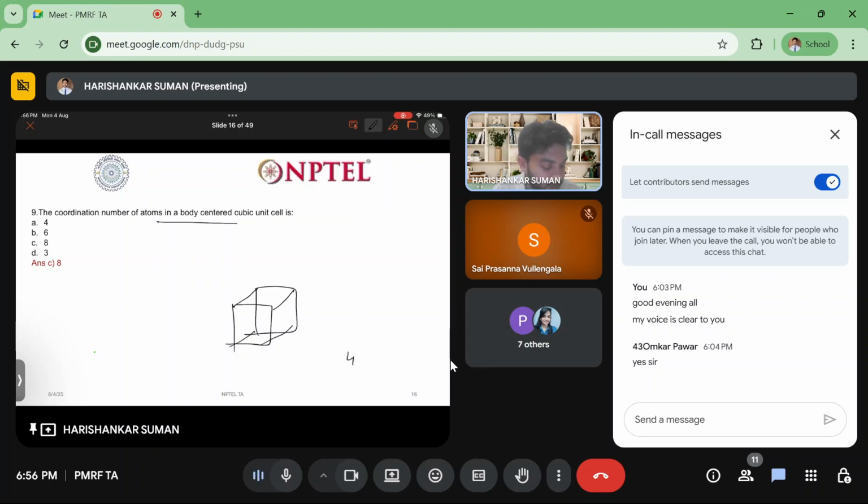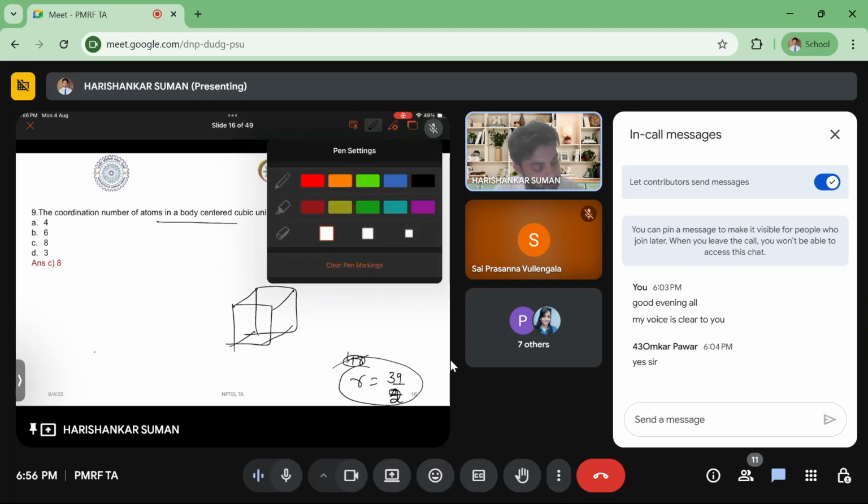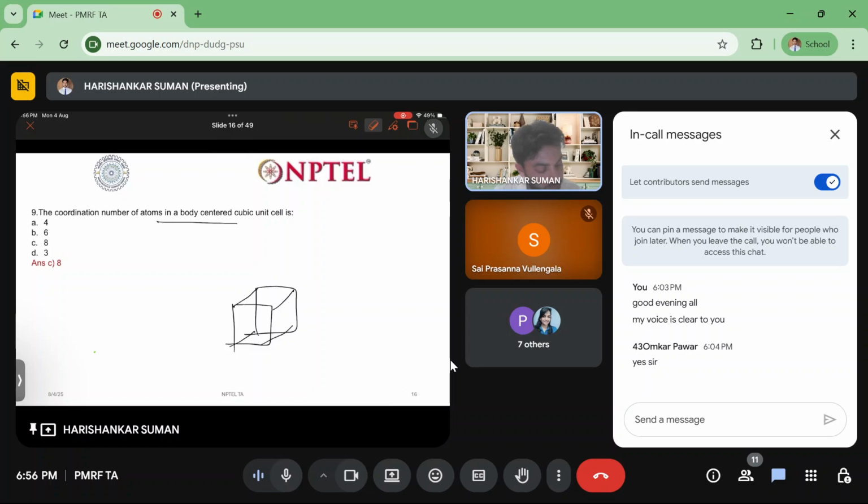Earlier we calculated 4R equal to 3A by 2, or 3A by 4, something like that, and we made a mistake when taking the root. So please let me check again. This is the simple cubic and one at body centered.